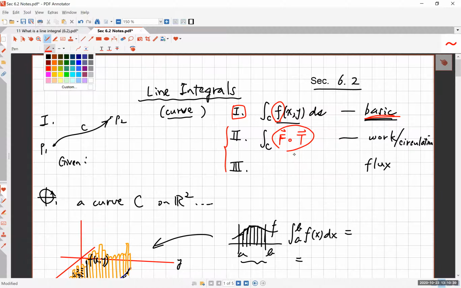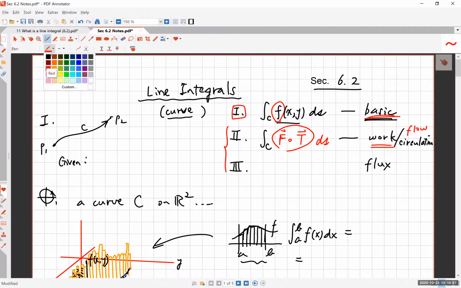And it is a number, it is a real value. If you integrate F dot T, we get what is called the work integral. Sometimes it's called the flow integral. And if C happens to be a closed loop, then we will call this a circulation integral.